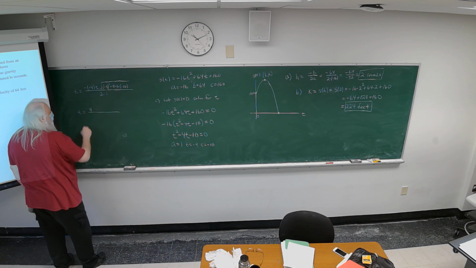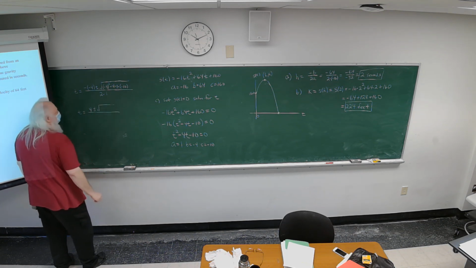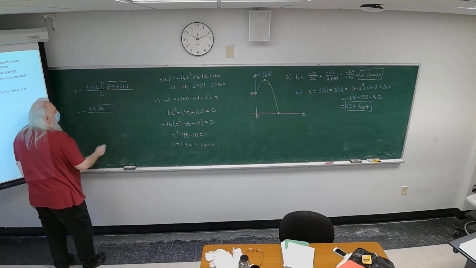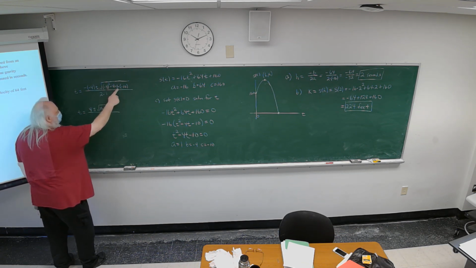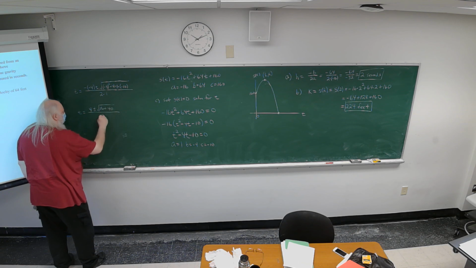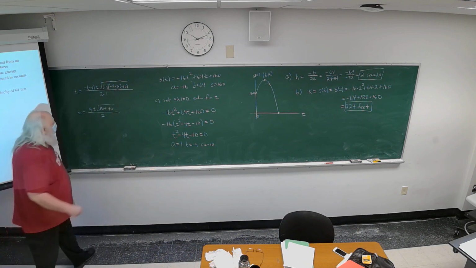Negative 4 is plus 4. And then under the square root, minus 4 squared is 16. And then minus 4 times 1 is minus 4. Minus 4 times minus 10 is plus 40. And 16 and 40 is 56.